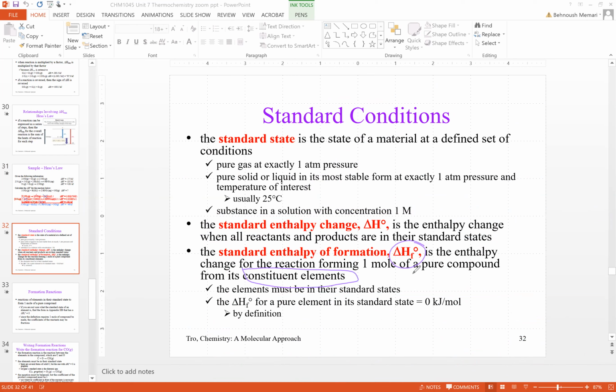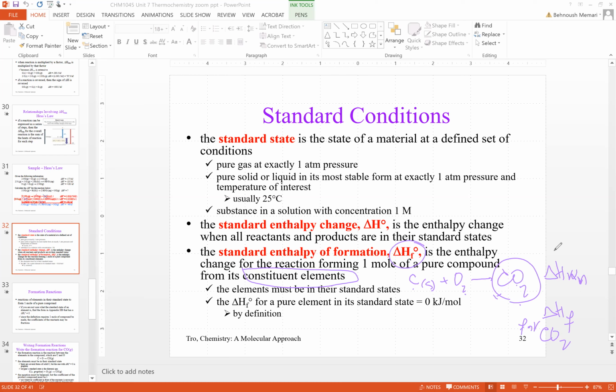So if carbon plus O2 combine and give CO2, and you find the delta H for this reaction, because it's the formation of CO2 from carbon and O2, which are the elements, this delta H can also be recognized as the delta H formation for CO2, because it is the formation reaction of CO2 that we are calculating.